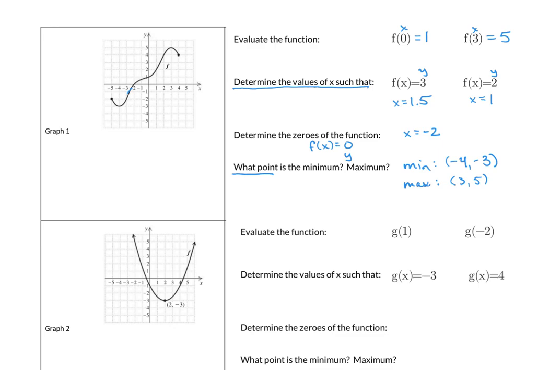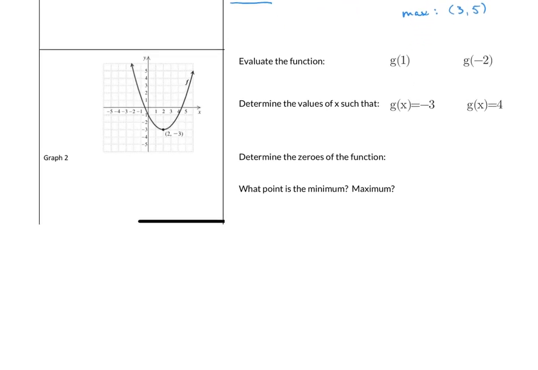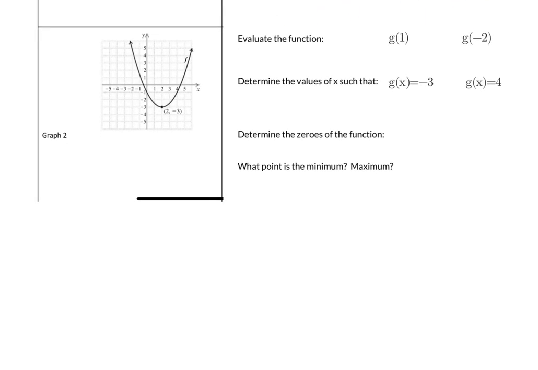All right, let's look at a couple more. If we look at graph 2, I want to know what is g of 1. If we go ahead and find 1 on our graph, this is an x coordinate, so that means I want to go 1 to the right. And if we go down, we end up at -2.5.